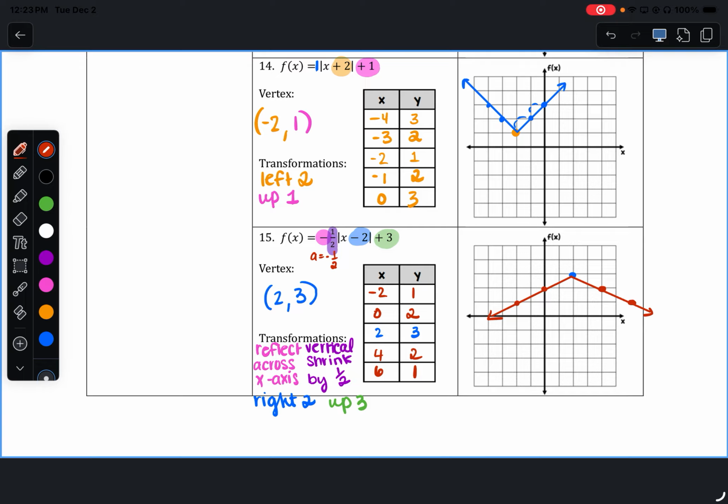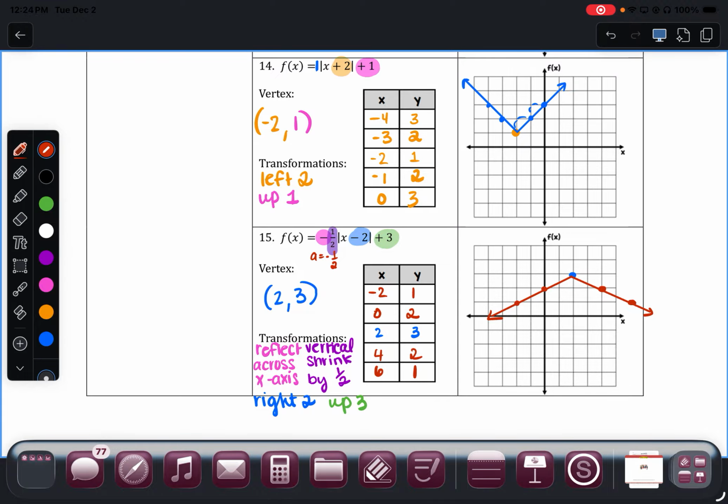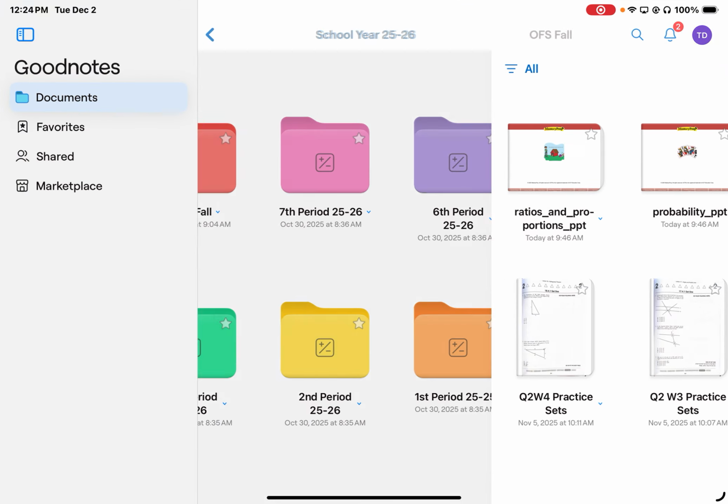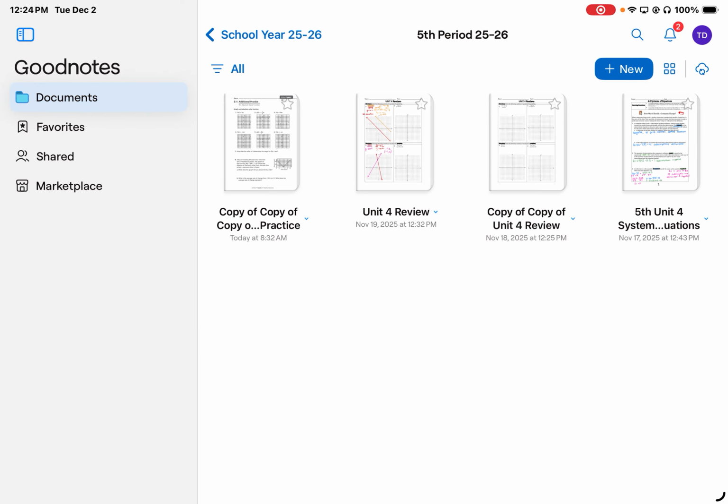Okay, then we're going to do the same thing for number 2. For number 2, what is that negative sign in the front cause to happen? It will reflect it across the x-axis. Okay, what does the 1/2 cause to happen? It is a vertical shrink. Do either of those things affect the vertex? So what is our vertex? 0, 0.